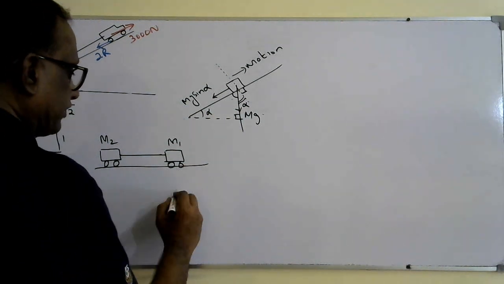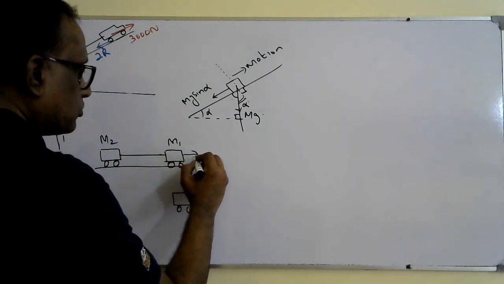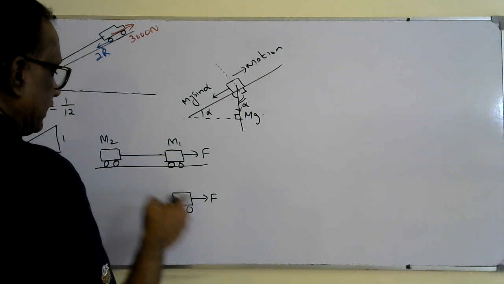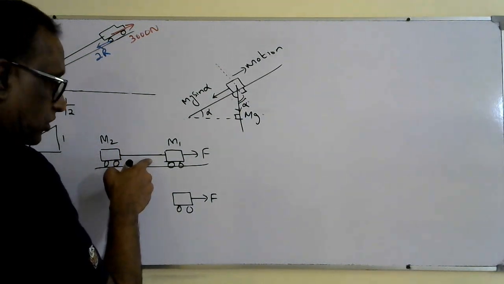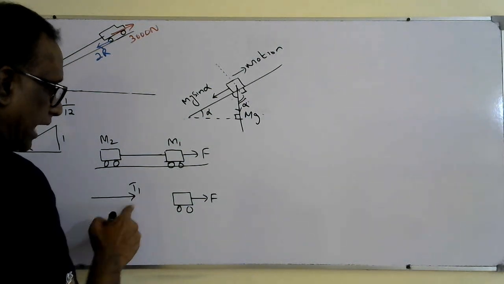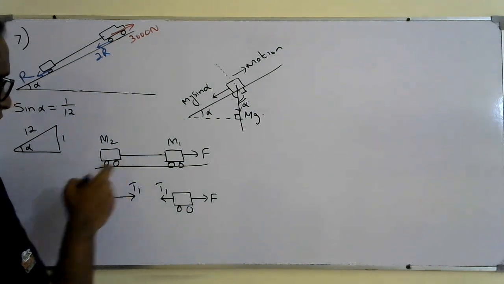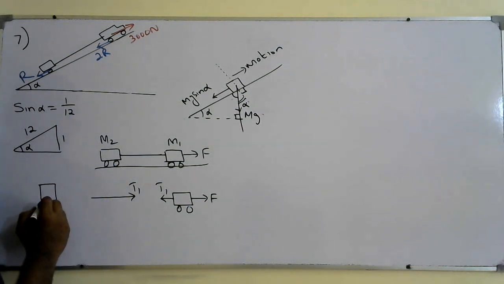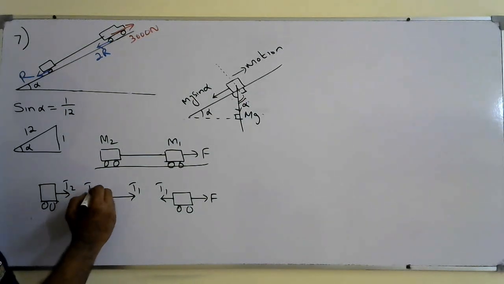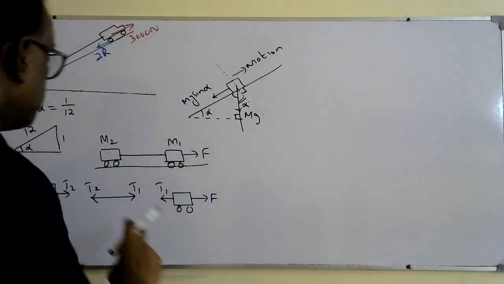If I think about the free body force diagrams, you are pulling this with a force F. So the force F is acting here. This will pull this one by using the rod, so there will be a tension T1 here. According to Newton's third law, there will be the same tension T1 here. The rod will pull the second trolley m2 with a tension T2. Here will be T2.